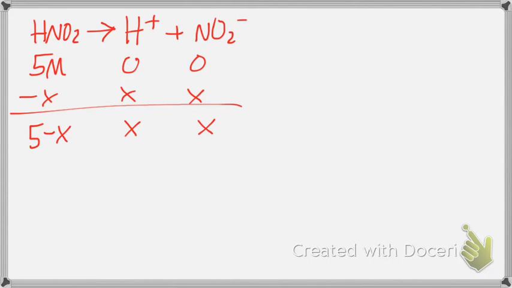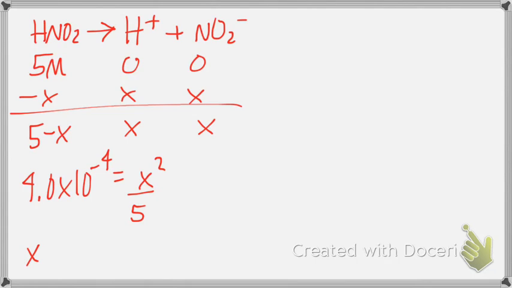We just started doing like 4x cubed. So at some point you can do that. You could just say 4 times 10 to the negative 4th is equal to x squared over 5.